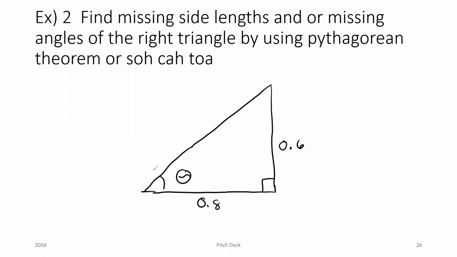So what should we use? Should we use SOHCAHTOA or Pythagorean? We would definitely have to use SOHCAHTOA because with Pythagorean, it's just side lengths. We need an angle. So I think I'll do tangent.